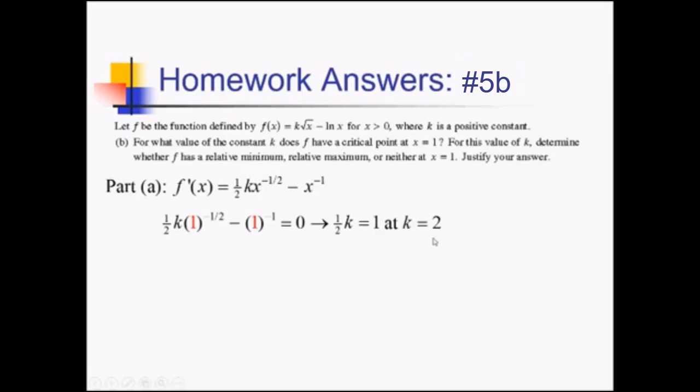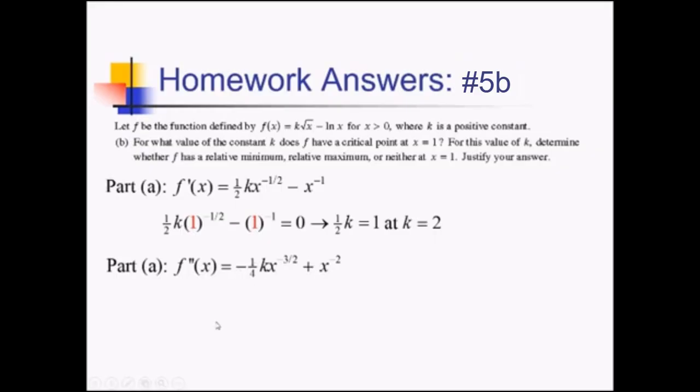All right. Well, we need to figure out now, if I use this k value, do I have a min, max, or neither? And probably the easiest way to do this is just to use the second derivative test. So here's our second derivative from part A. So let me do f double prime of 1 and see if that gives us a positive or a negative.